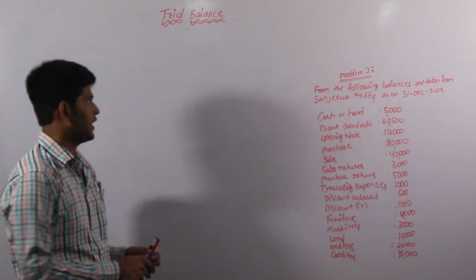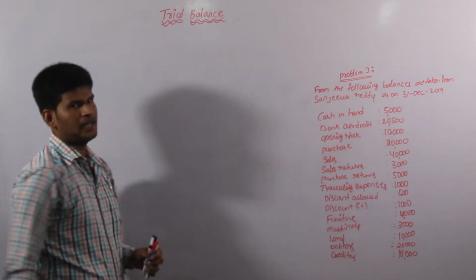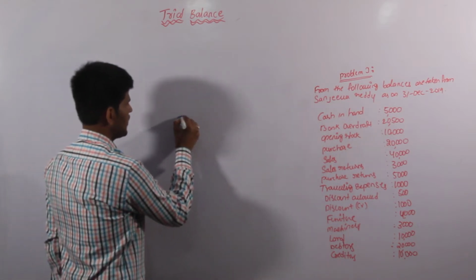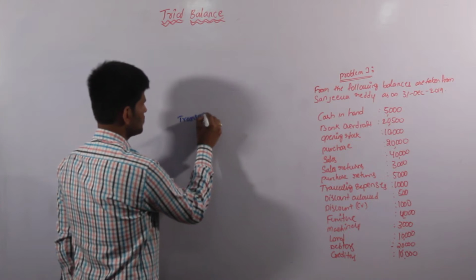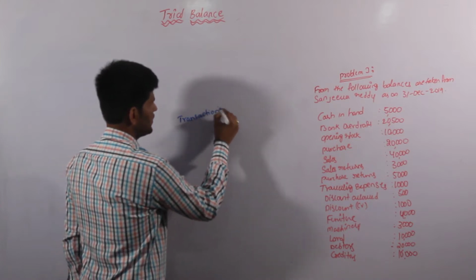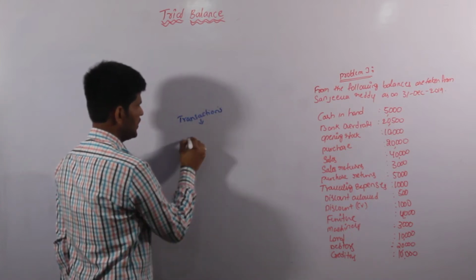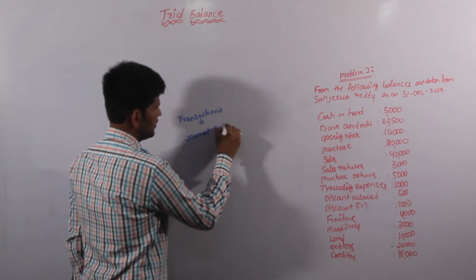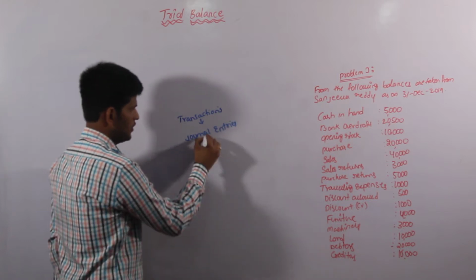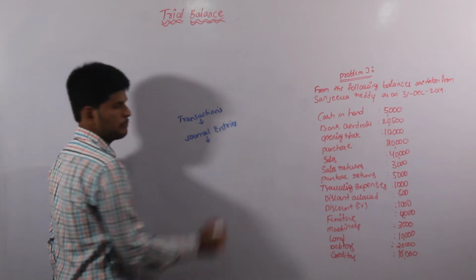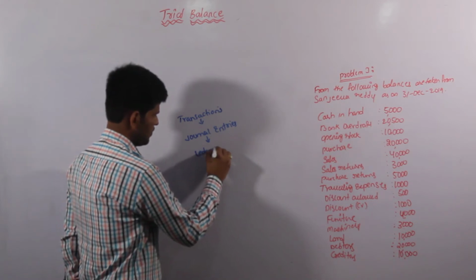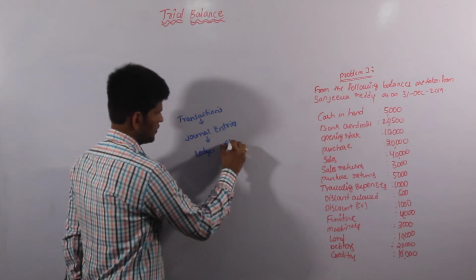So we have to know the accounting cycle, how the trial balance is going to be prepared. The procedure is: transactions will be converting into journal entries. Each and every journal entry will be converting into ledger posting.